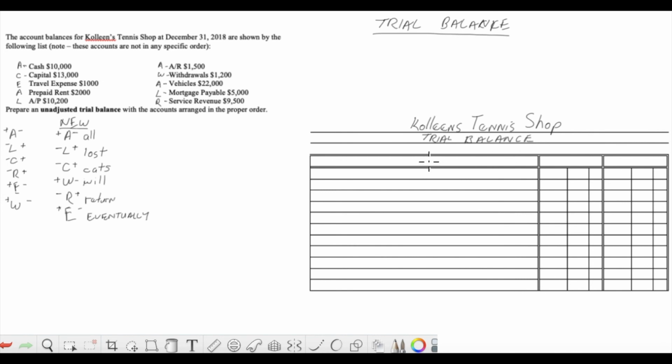And last but not least is the date. So a trial balance is one of those reports that is date specific. It's not necessarily month ending or year ending. So in this case, it's December 31st, 2018 in this example. Perfect.